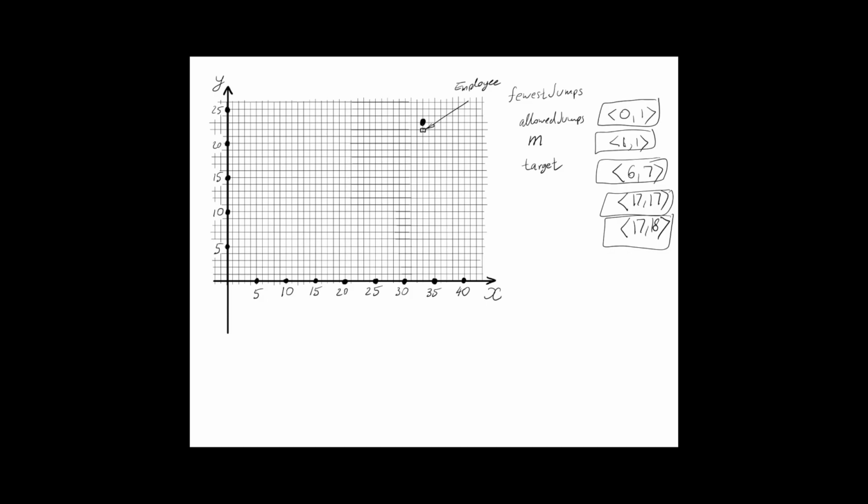After this employee has finished the job, we will subtract the next vector from the target. We get a new point. We hire a new employee who will tell us how many jumps the shortest path contains from the origin to this new point.